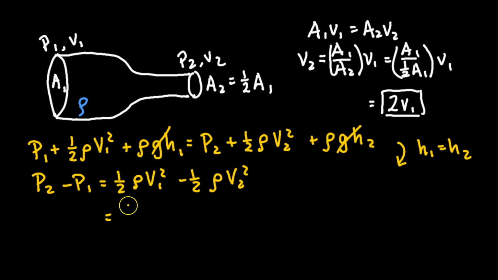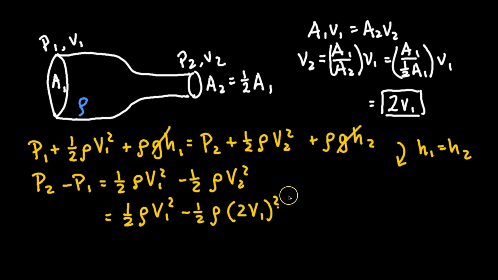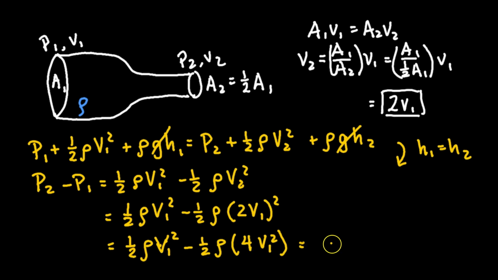Now I want to solve in terms of rho and V1, so I need to substitute for this V2. Previously, we found that V2 is equal to 2V1, so I will substitute that in for V2. That gives me 1 over 2 rho V1 squared minus 1 over 2 rho times 4 V1 squared.